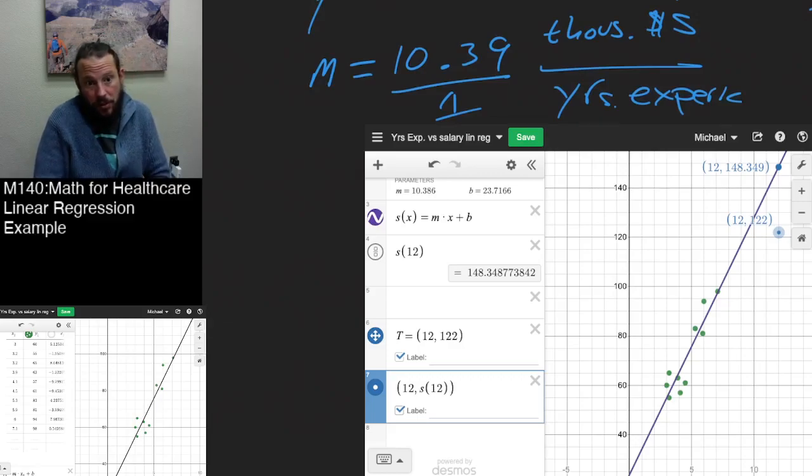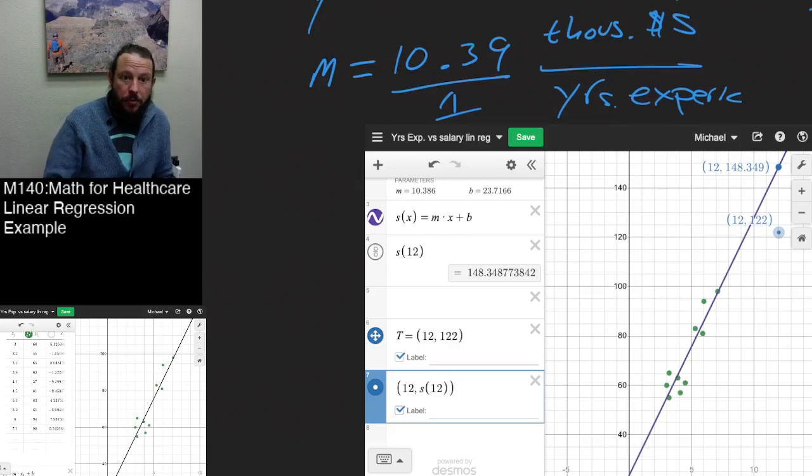Because obviously, your salary depends on other things besides years' experience, right? But here we're just looking at years' experience. I want you to think about how that can go wrong. I mean, we had a pretty decent R value, but somehow all the way out here, it's looking like it's way off.